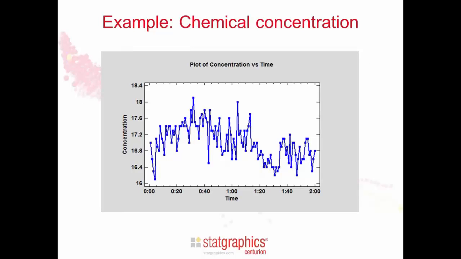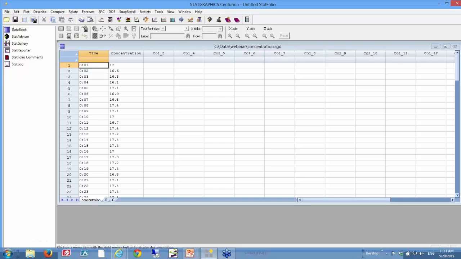Now, I have a data set. It's actually a data set out of the famous book on time series analysis by Box and Jenkins, which does measure the concentration of a chemical over a 2-hour period. Let's go over to Statgraphics for a moment, and you'll see I've actually loaded this data into the Statgraphics data sheet.